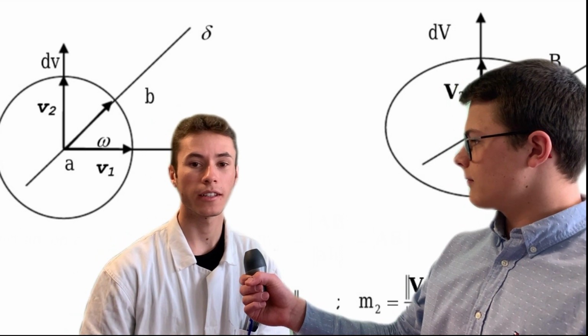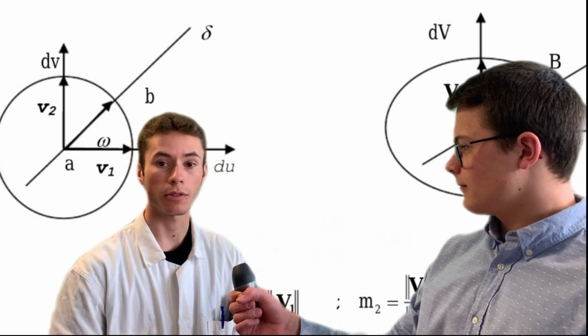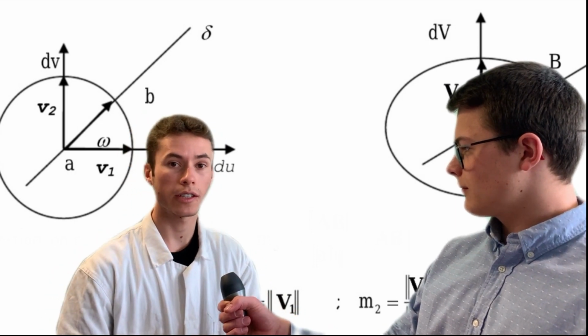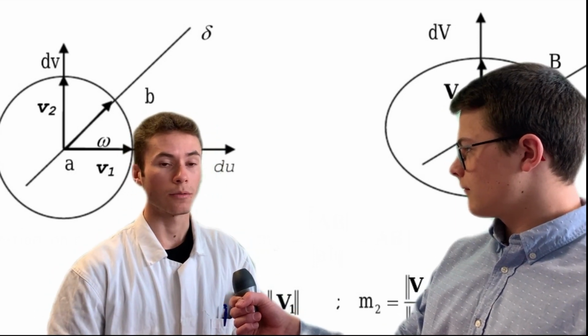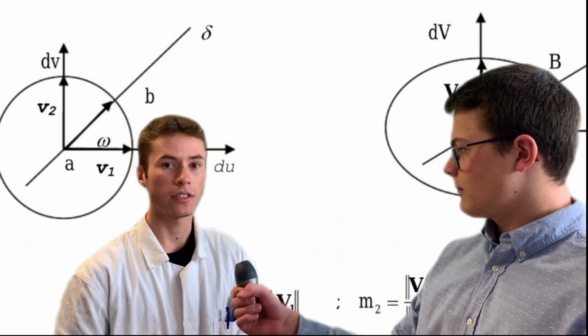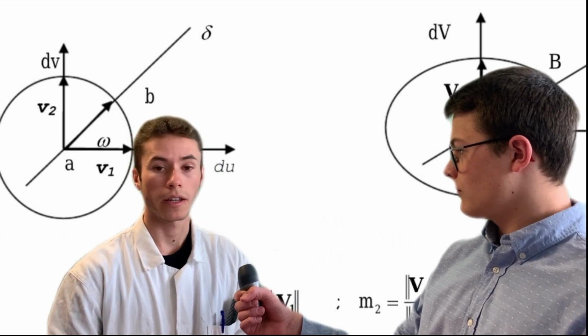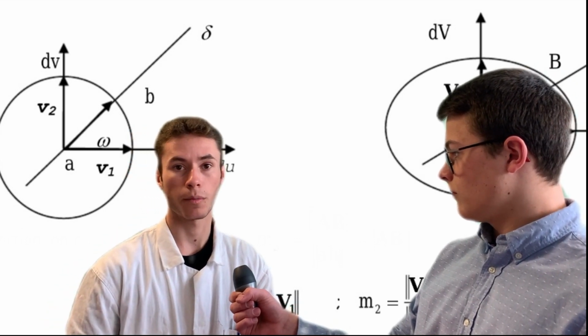Then, by applying some rules of linear algebra, we eventually find the equation that governs the coordinates of an ellipse, which is du on m1 squared plus dv on m2 squared, where m1 and m2 are the two principal linear modules.